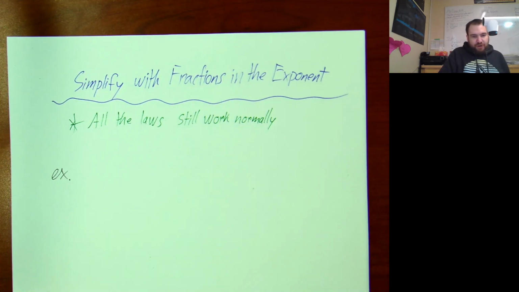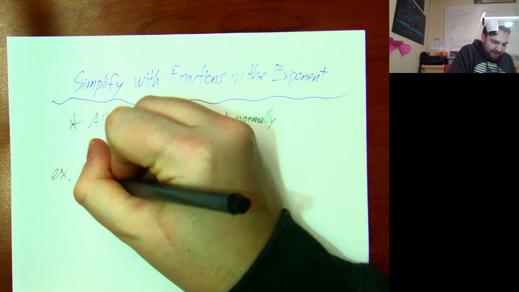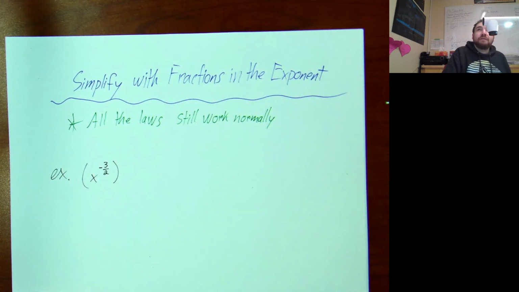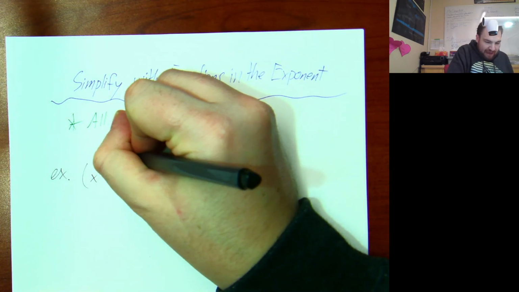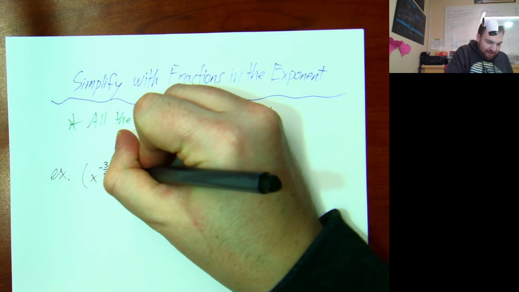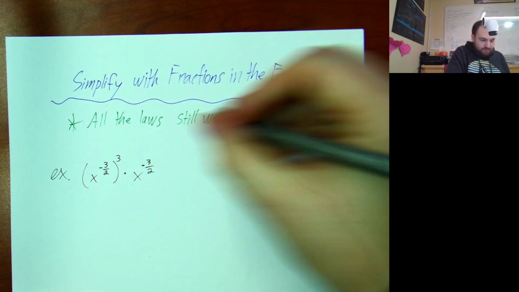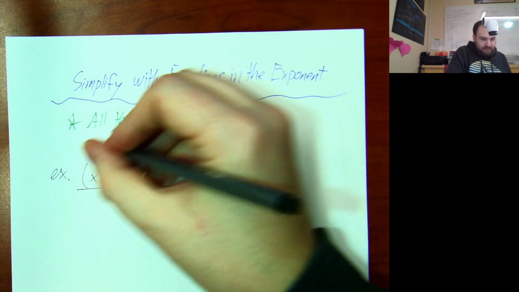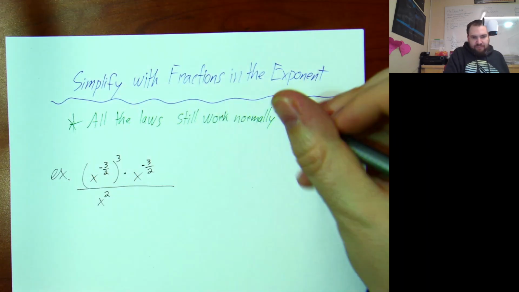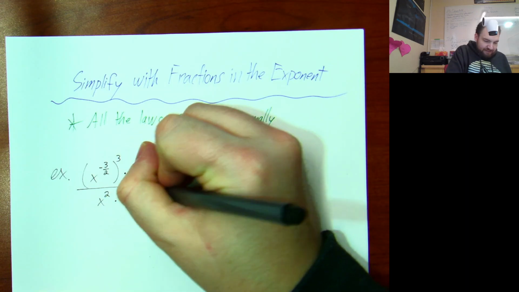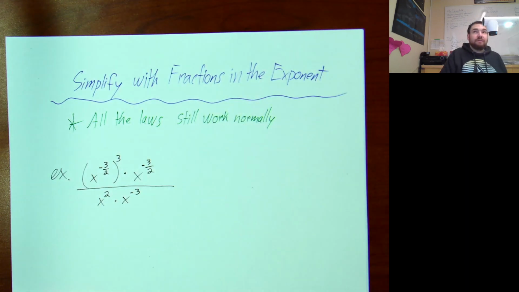So, first example, here we go, write this down. X to the negative 3 over 2 in brackets, and we're going to cube that. We're going to times that by x to the negative 3 over 2, over x squared times x to the negative 3.